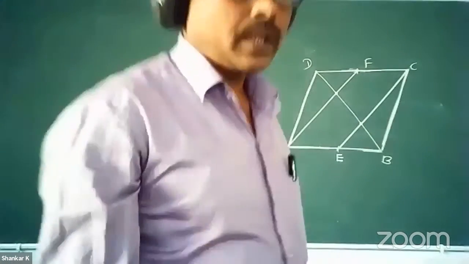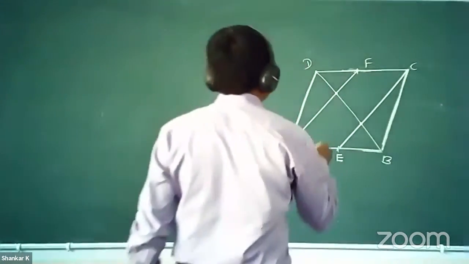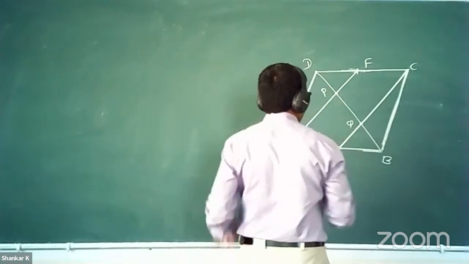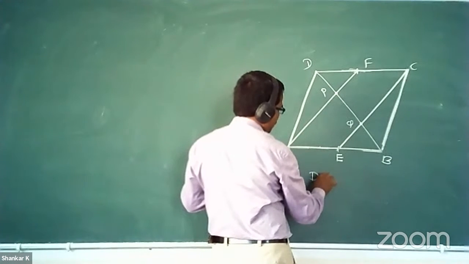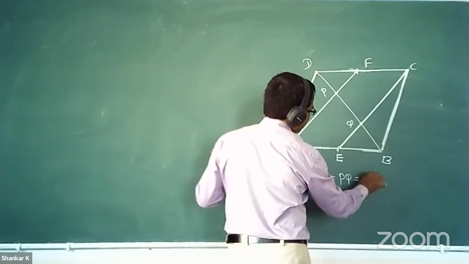Here we have taken the points P and Q. What you have to prove is BP equals PQ equals QB.